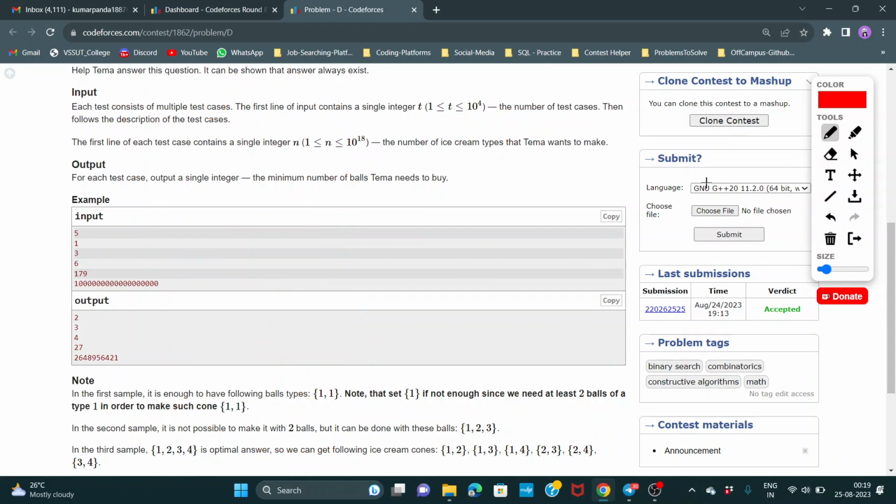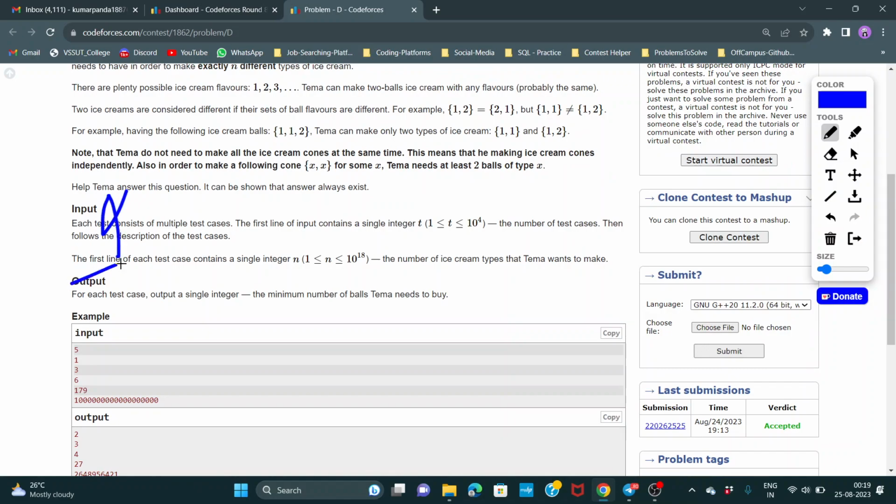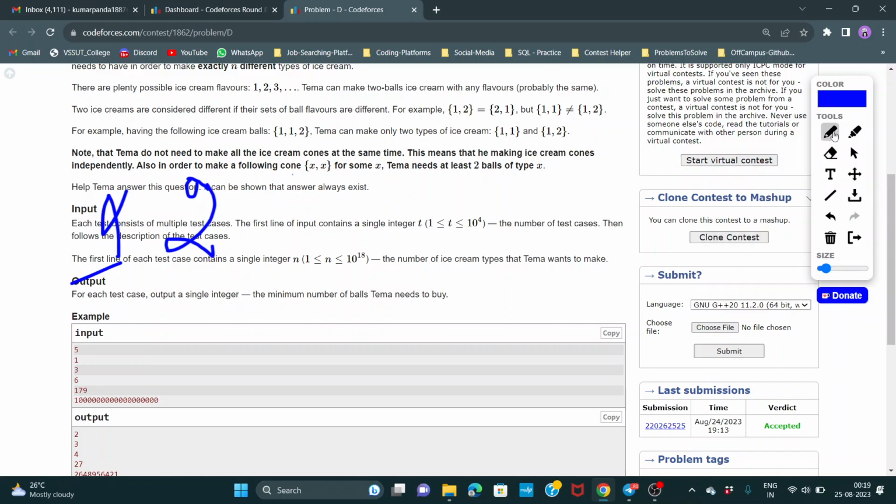I'll just take another example, right? 1 2 3 4 5 6.